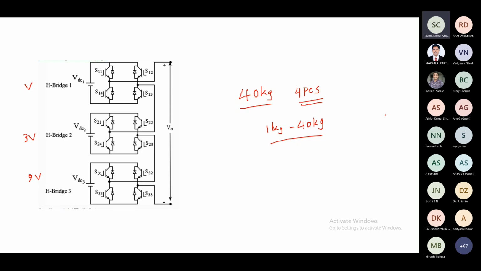So how will this 40 kg stone be divided? Did anyone solve this problem in school?